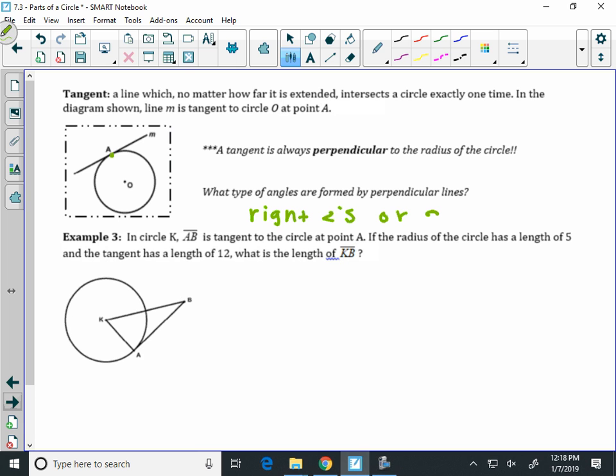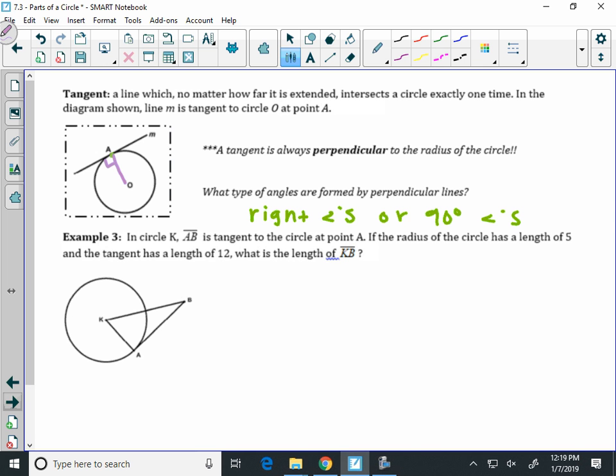Or 90-degree angles, however you think. Whenever you have a tangent, if I draw in the radius from O to A where it's intersecting, that radius, OA, is perpendicular to line M, meaning they're creating right angles. It's a really important fact to know. Whenever you have a tangent line, you're always going to have a right angle with the radius.